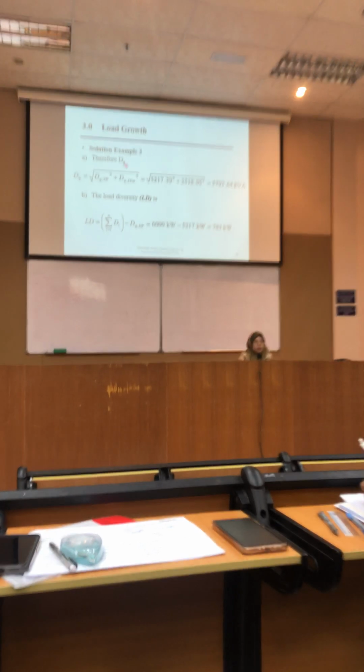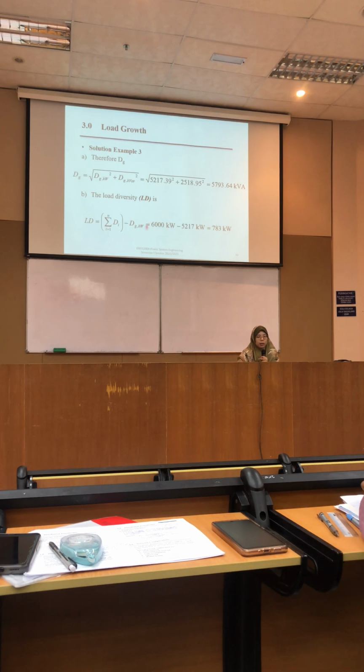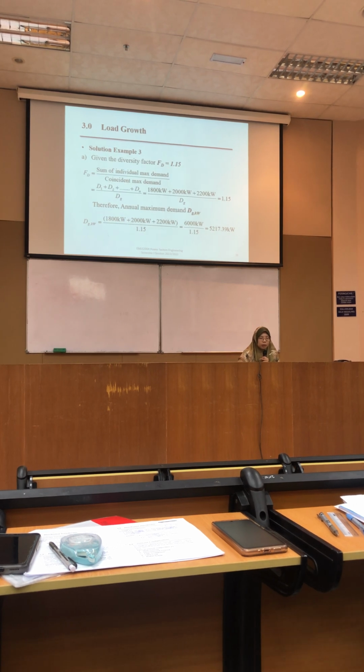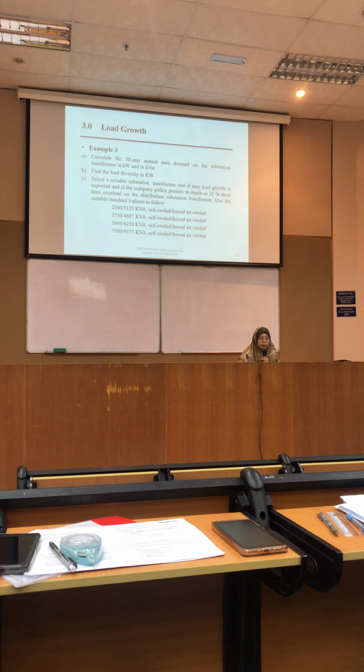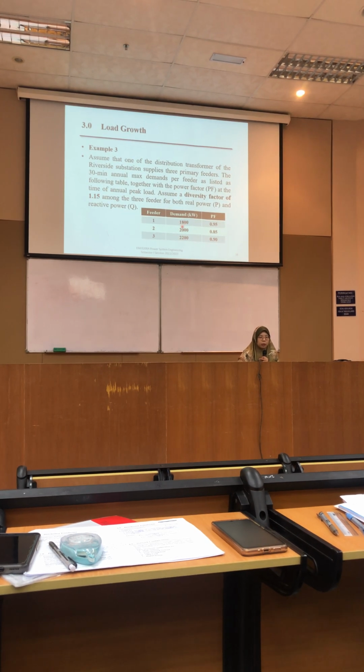Okay, student, DG in kVA you are going to get 5793 kVA. The load diversity factor: how do you get here 6000? Dapat daripada mana, student? Total power of the transformer, feeder 1, feeder 2, feeder 3: the maximum demands 1800, 2000 and 2200.